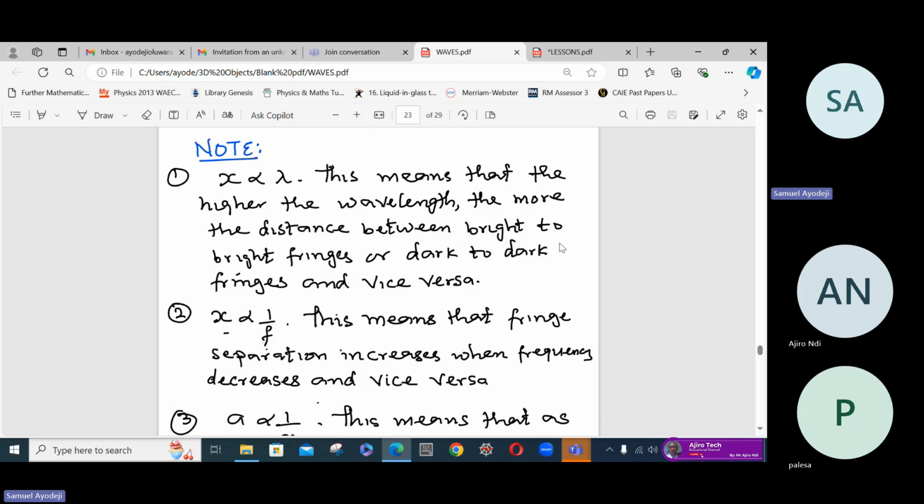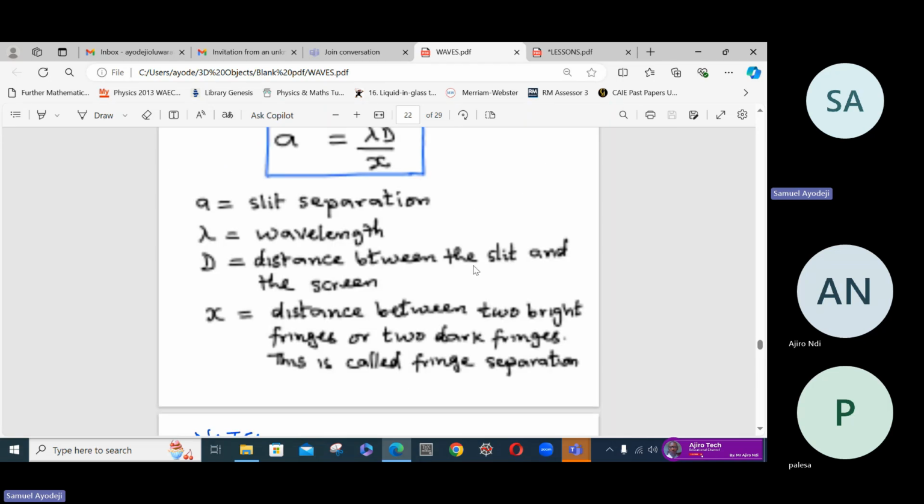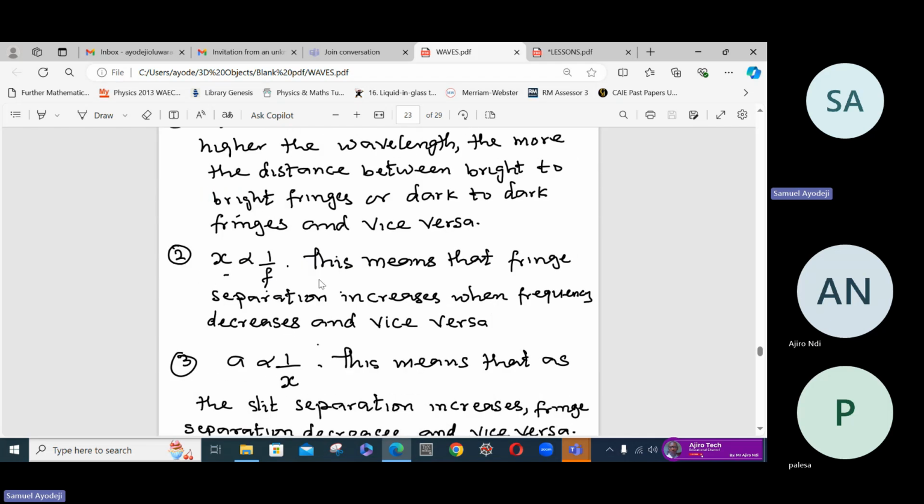So when you have higher wavelengths, you have higher X. Fringe separation increases when frequency decreases, and vice versa.